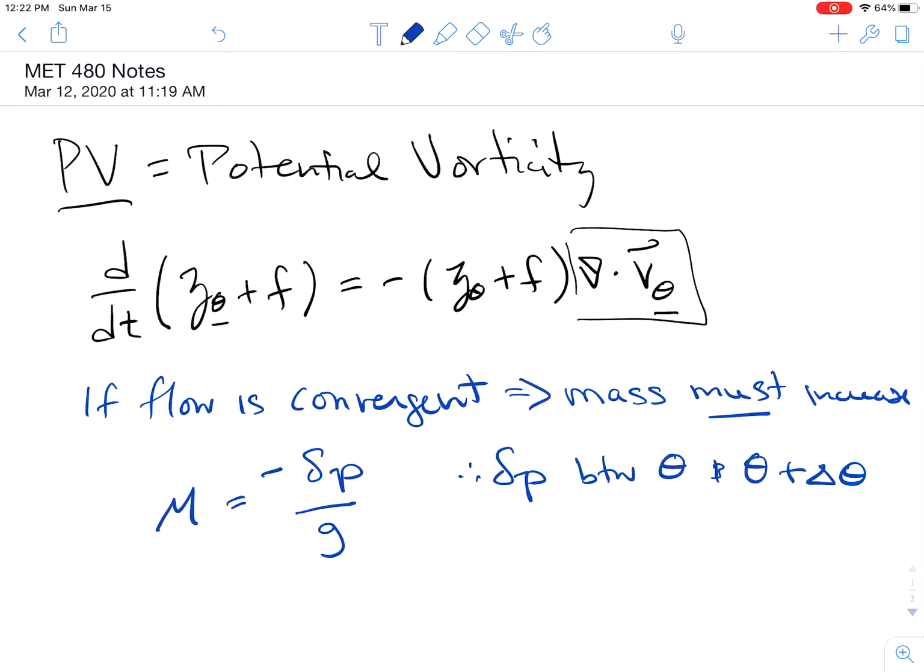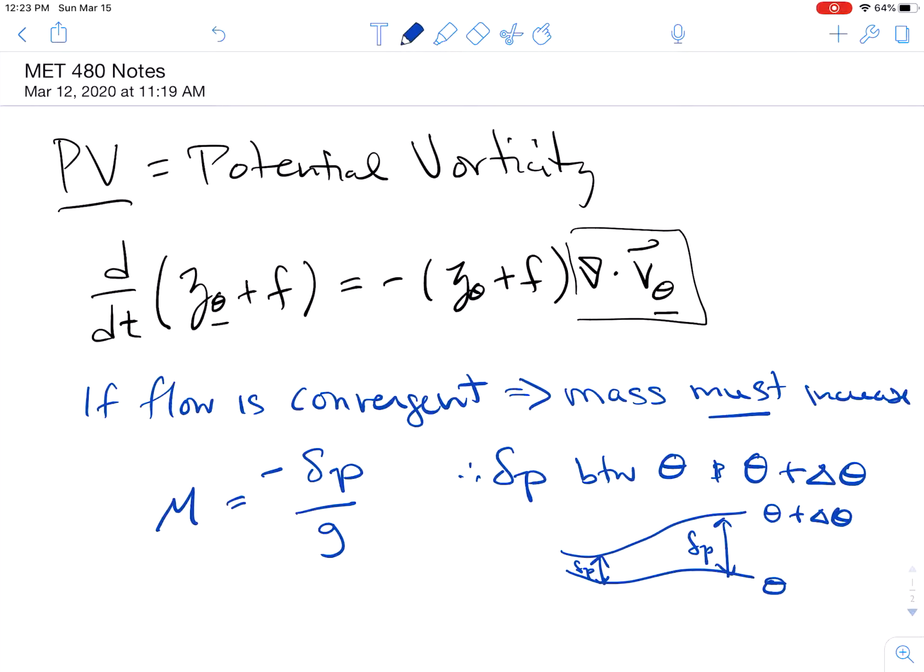So, for example, if we were thinking about our two isentropic levels here, theta and theta plus delta theta, we have a change in pressure here that is different in two different areas. This is delta P over here, and over here it's wider at a bigger delta P.